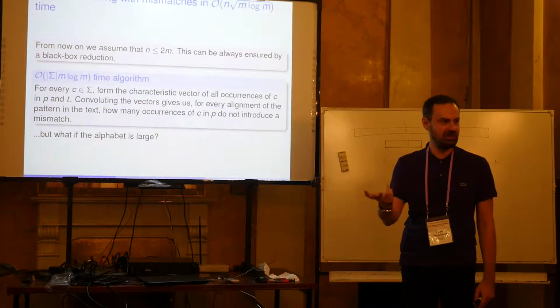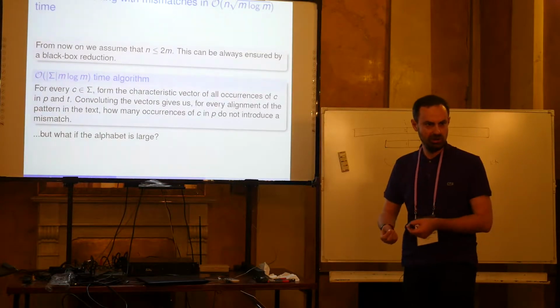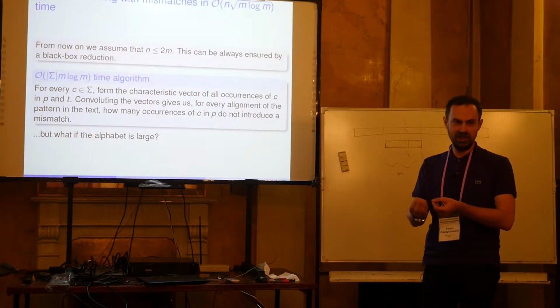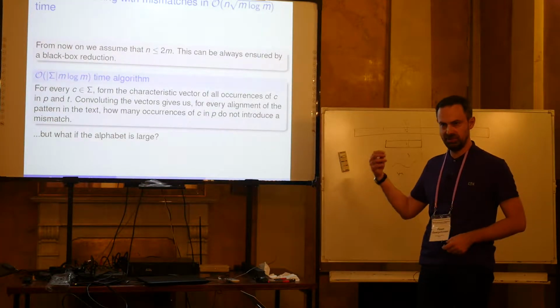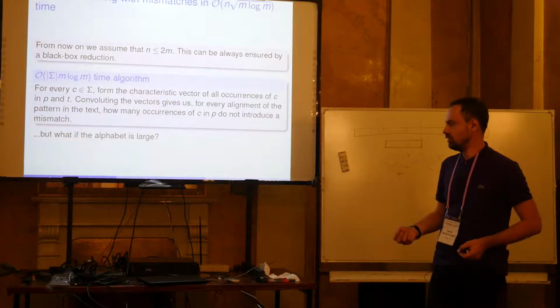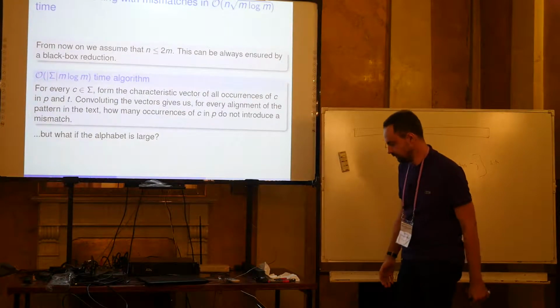So maybe you can do something completely different for this character that occurs just once or twice. Okay, that's the intuition. You want to play two games. One game you play for characters that occur many times, and for them you will spend lots of time. And the other game you will play for characters that occur very few times. Yeah, so that's the kind of balance that you get.